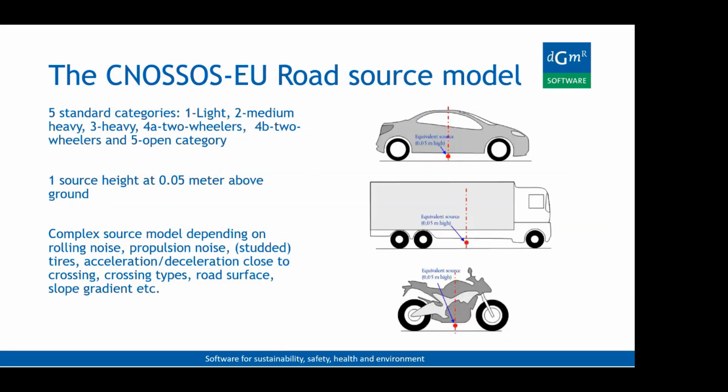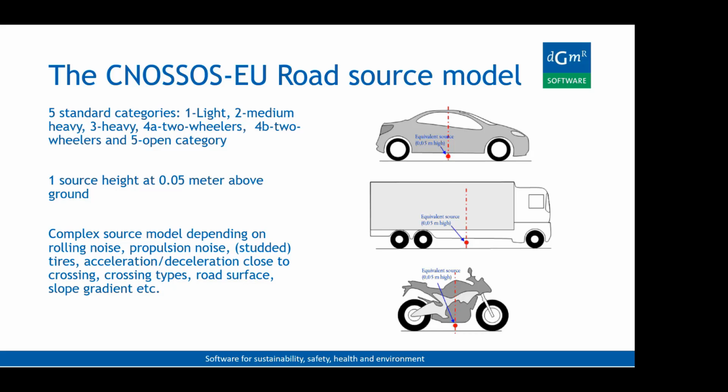And if you look at the road source model, it has 5 standard categories: light vehicles, medium heavy, heavy, 4A 2-wheelers, and 4B 2-wheelers. That's a separate type of 2-wheelers, I'll show you later, and an open category. There's one source height, 5 centimeters above the ground, for all these standard categories.